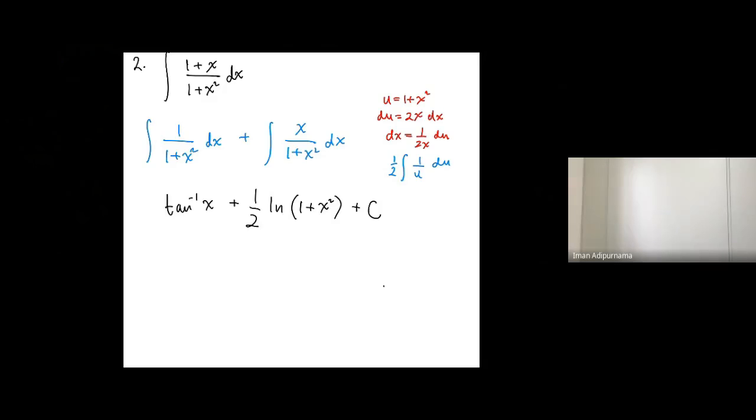So I try to give questions where you have a lot of time to think, because the supposed answer is a short one. So if you are writing too long or maybe you are getting nowhere, it means that you need to learn the concept, the basic concept in integration.